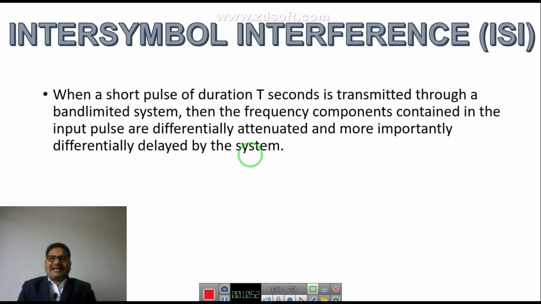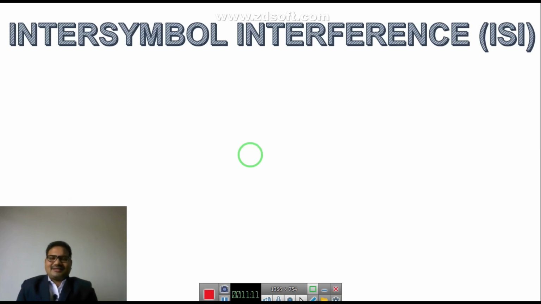Also, we can get this ISI when a short pulse of duration T seconds is transmitted through a band limited system, then the frequency components contained in the input pulses are differentially attenuated, or more importantly, differentially delayed by the system.